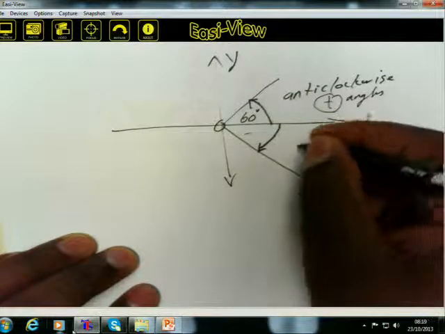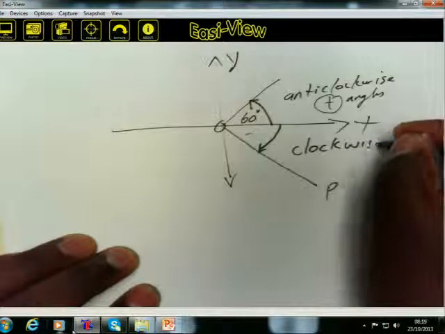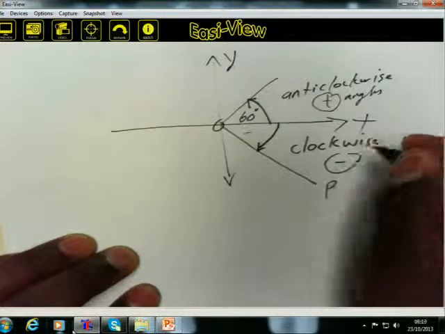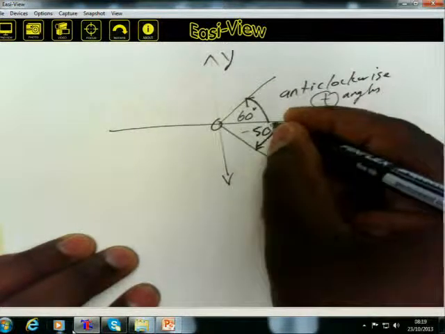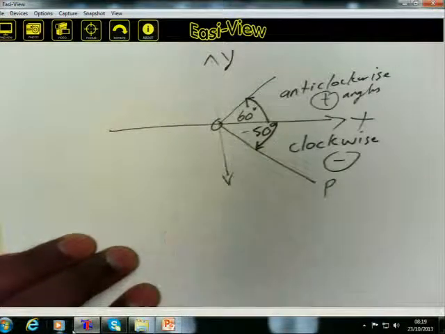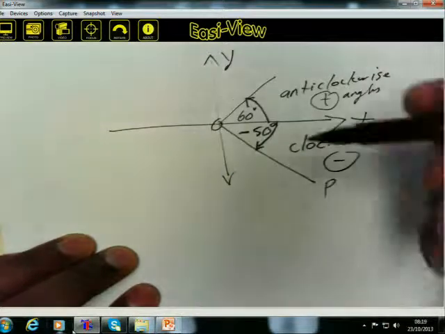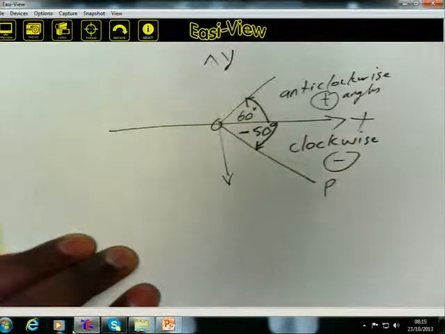But because it is measured in a clockwise direction, this angle is referred to as a negative angle. The magnitude will be negative 50 degrees. Basically, that negative sign indicates the direction in which the angle has been measured. Negative angles are measured in a clockwise direction, whereas positive angles are measured in an anti-clockwise direction.